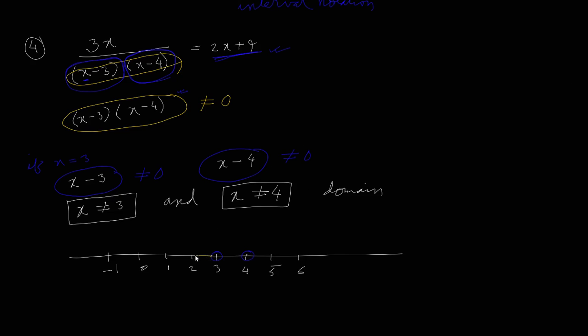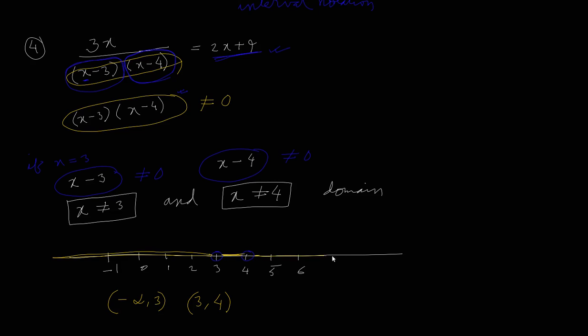So what does this number line represent? Negative infinity until 3, and remember 3 is excluded, so I am putting a parenthesis, not a bracket. Then in between 3 and 4 is also included in my solution. Again remember 3 and 4 are both excluded, so I am putting parentheses.